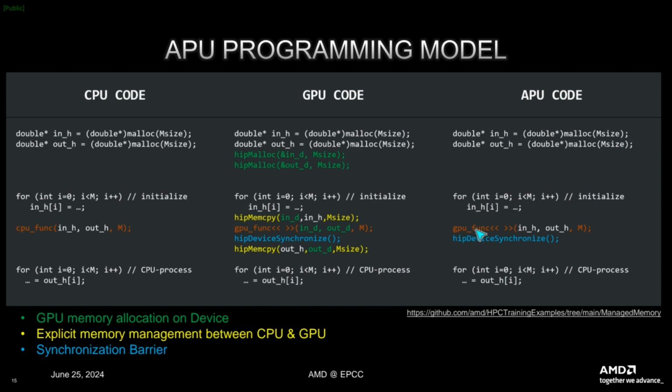We still have that GPU function we've converted, and in different programming models, there's different ways of doing that conversion. And then we may need a synchronization call after that GPU function, and then we continue on. And so you can see that this code looks a lot more like the CPU code. It really does greatly simplify the porting process to the GPU.